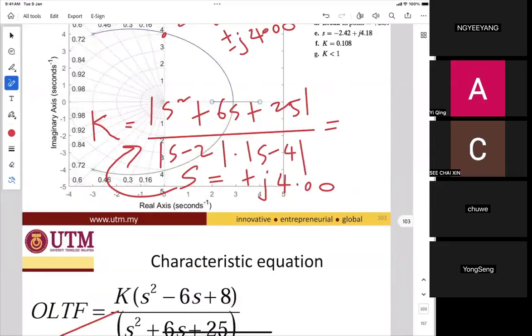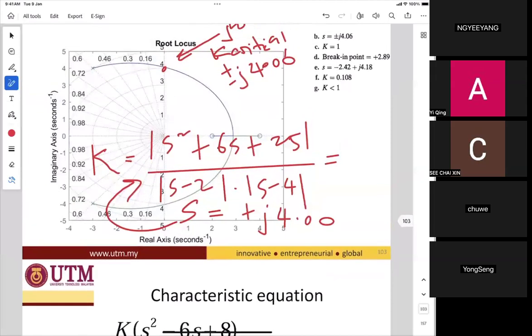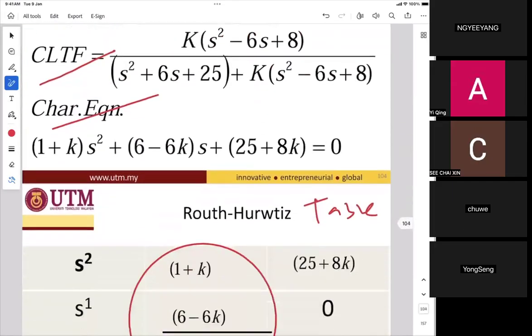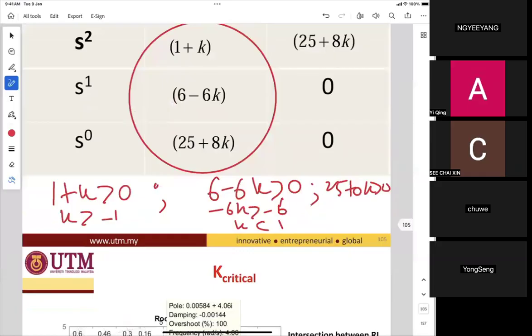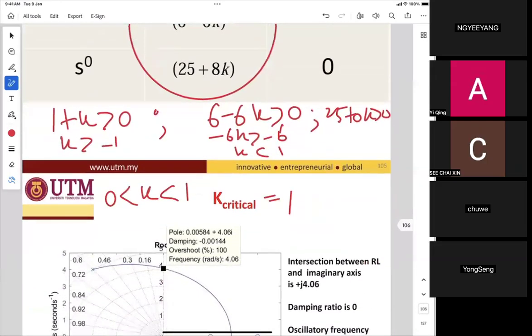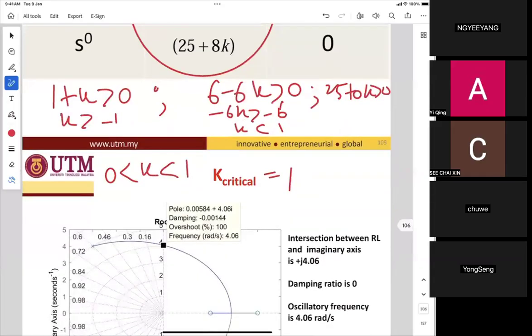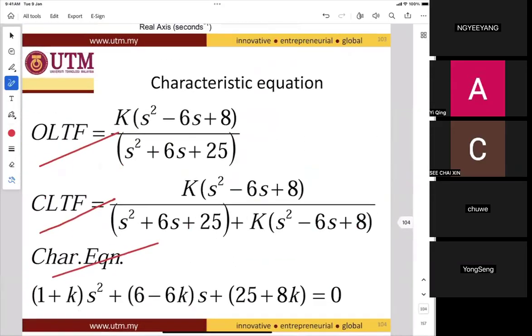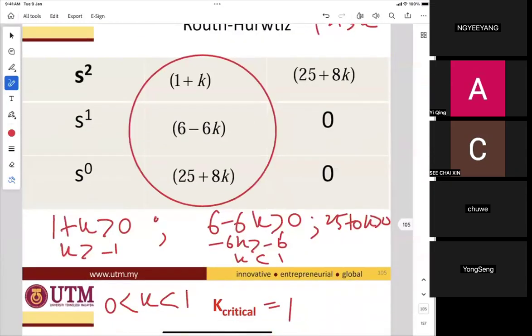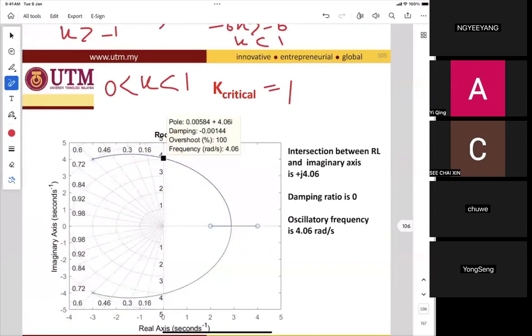Somebody calculate, please. K equal to 1, okay, 1.0. Because from here, the range of stability is between 0 and K equal to 1. So K critical equals 1. So this is the point there, K equal to 1.